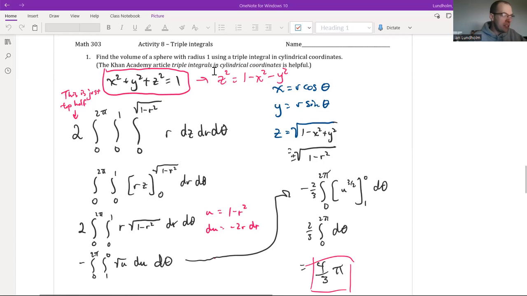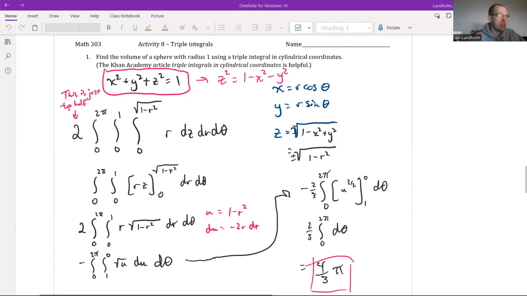Meaning that if we solve this for z, we're going to get an equation for the upper half hemisphere of the sphere when we take the square root of this equation.